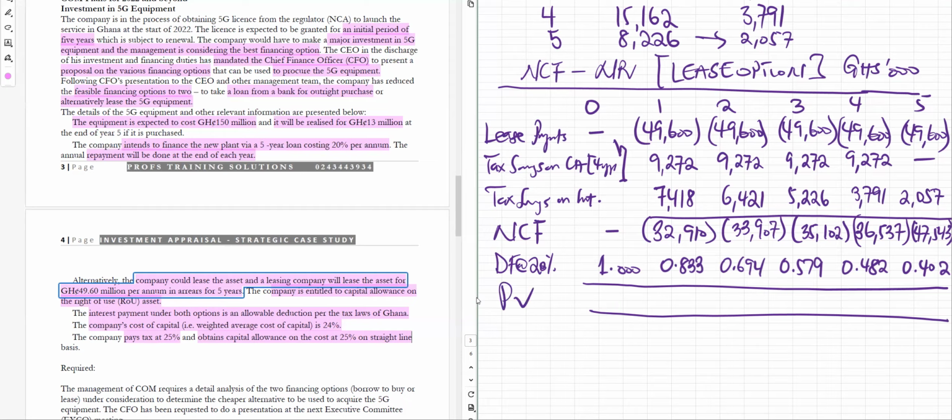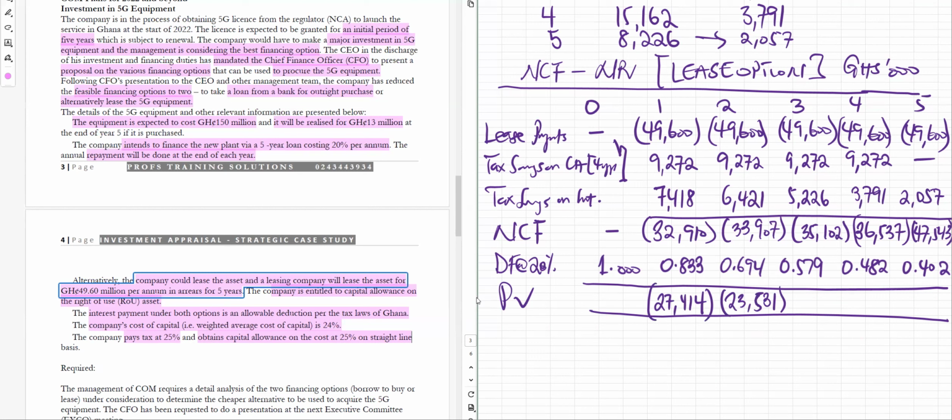We have 32,910 times 0.833. That is 27,414. Then I have my 33,907 by 0.694, and that gives me 23,531. These are all outflows actually.